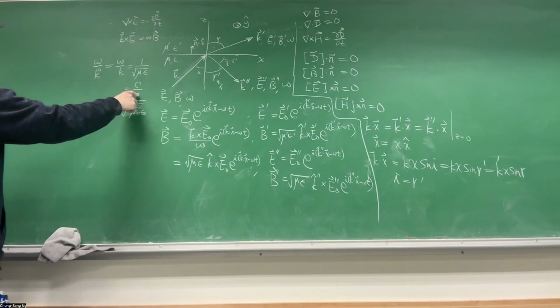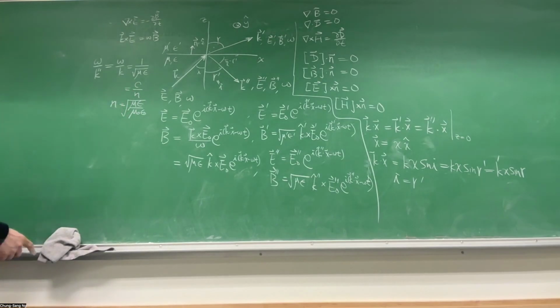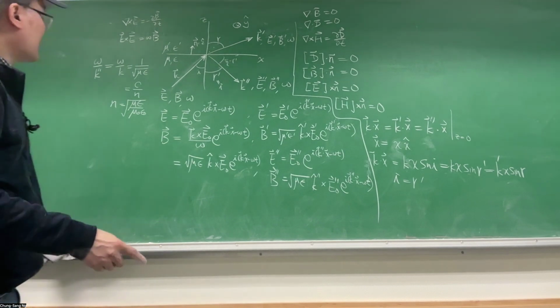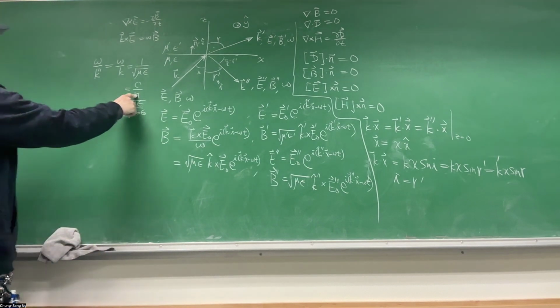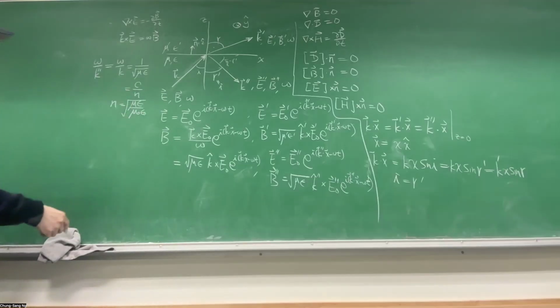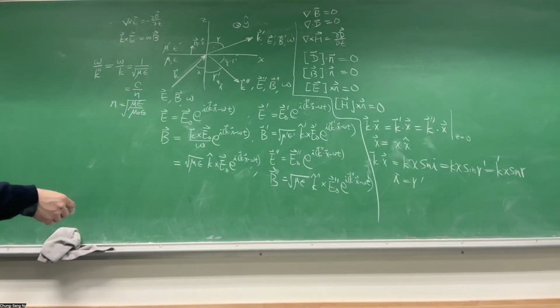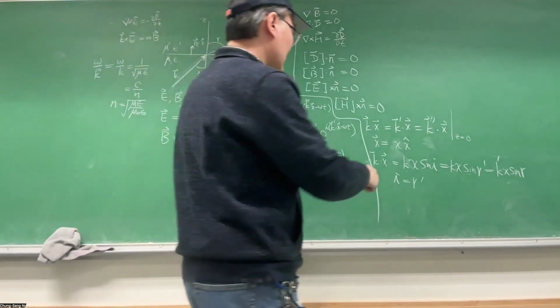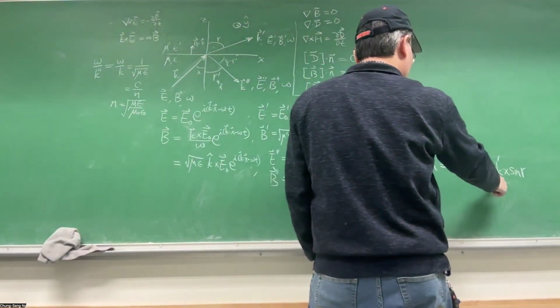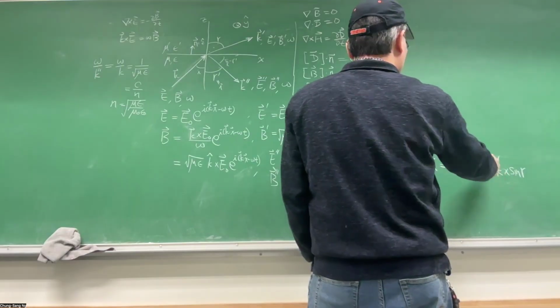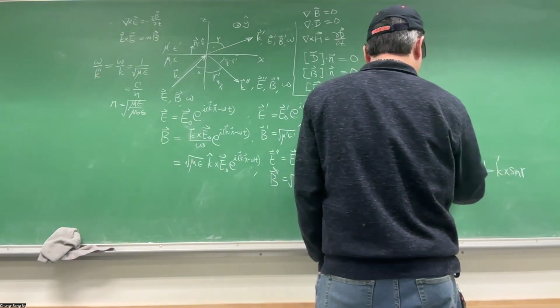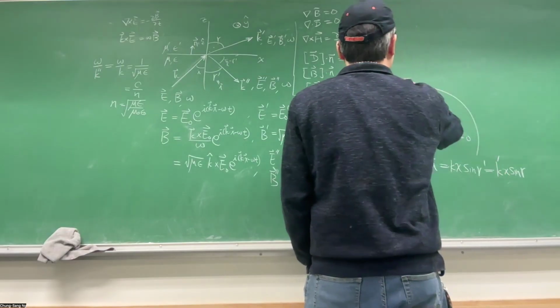So k will be omega times n divided by c, and k prime will be omega times n prime divided by c. So both have the same omega and same c. So you have k here, k prime here. X is the same. So you combine all these. Just look at this relationship.